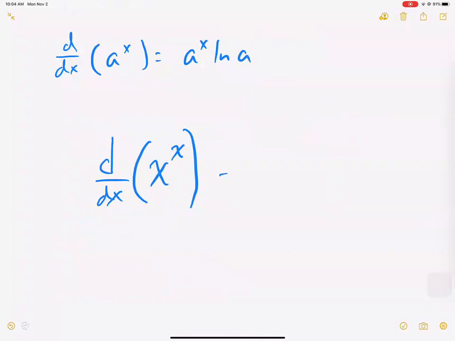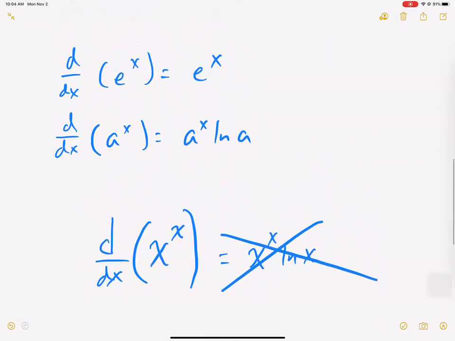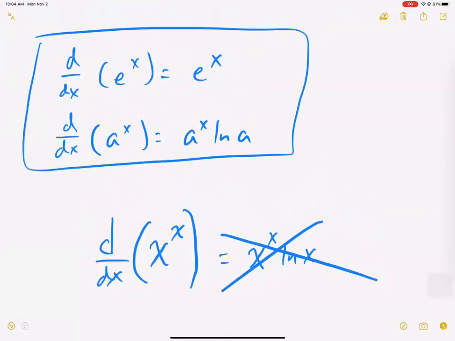And if you say it's x to the x ln of x, you are completely wrong. And the reason why is the rule I gave you here, careful here, is e and a variable, or are they constants?